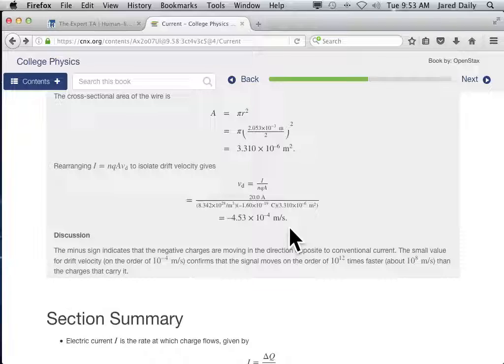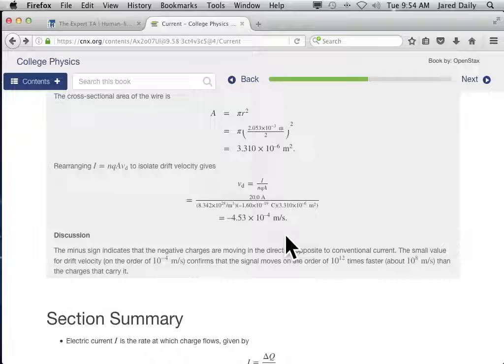Not that fast. Drift velocity is actually pretty slow. And since we're calculating this for electrons, so we put in the charge of electrons, that's why we got a negative drift velocity. That tells us that the velocity of our charges is in the opposite direction of our current. Our current was positive, our drift velocity is negative. But you notice that it's not going very fast.